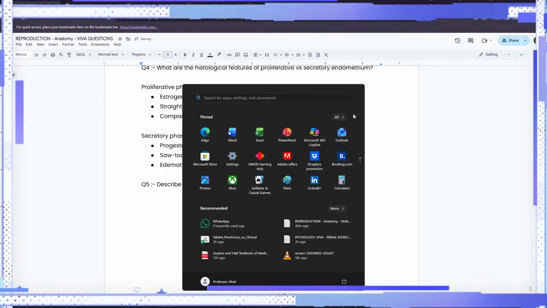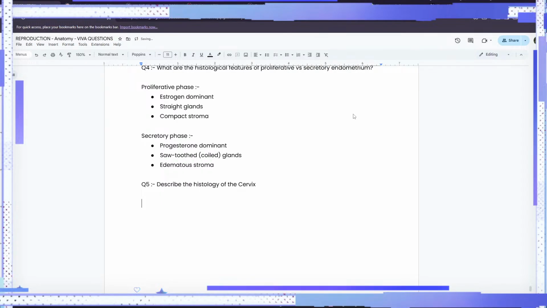You have the ectocervix, which is stratified squamous non-keratinized epithelium.